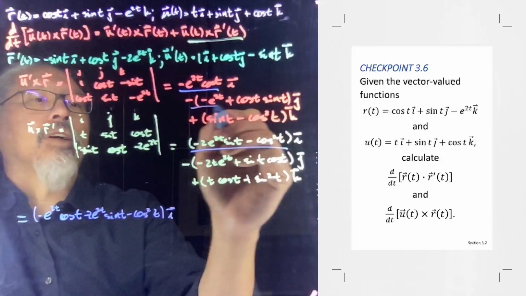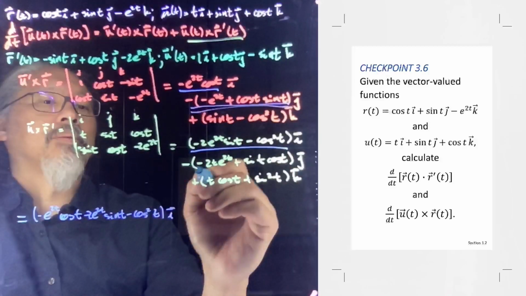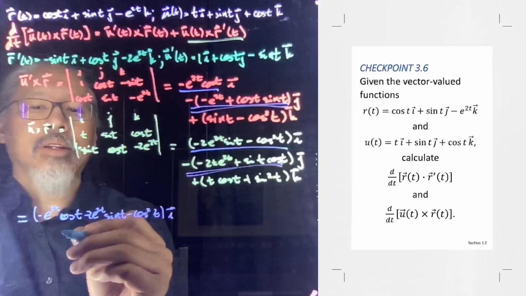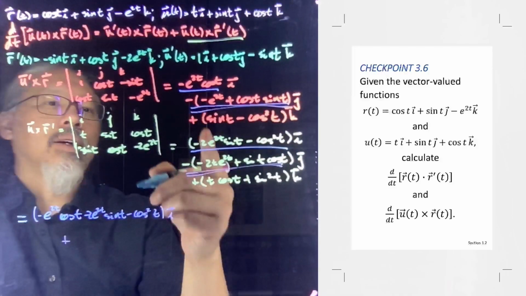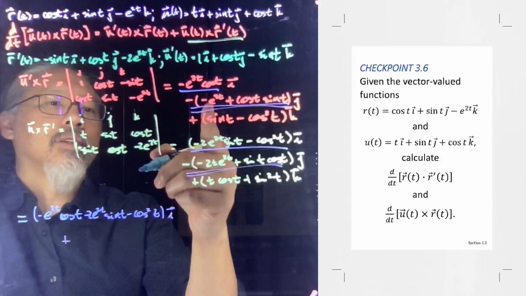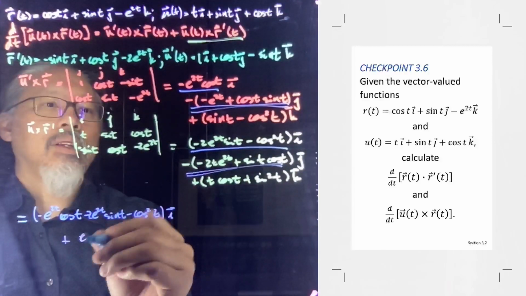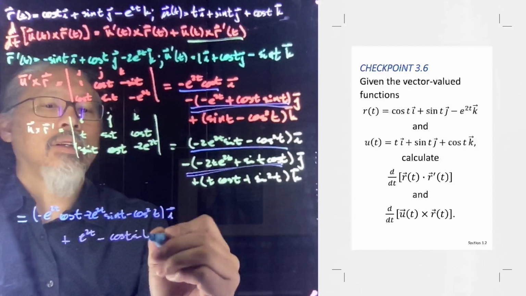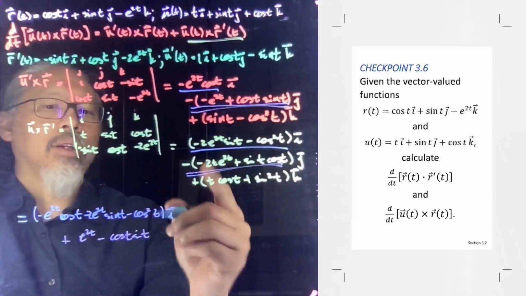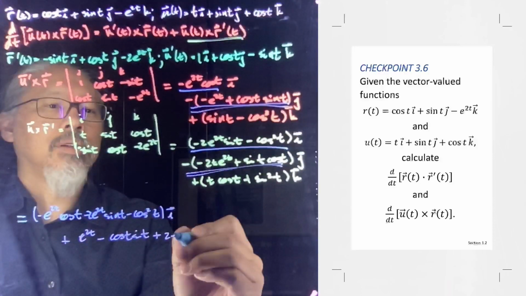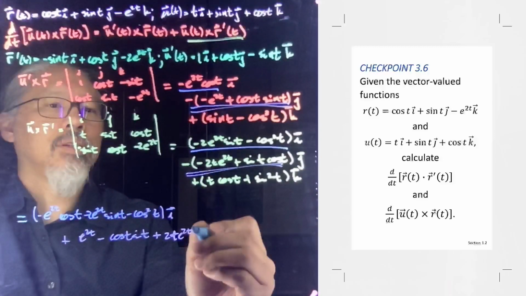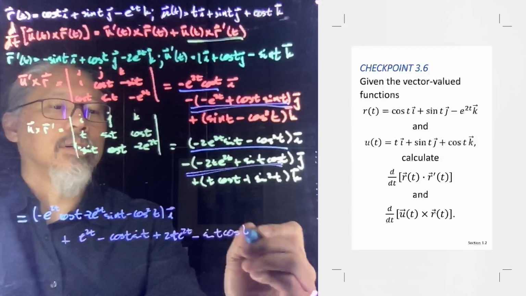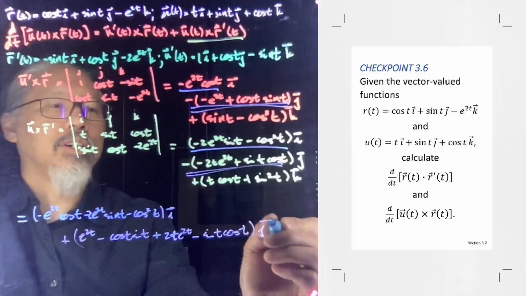All right, the j direction. We have a negative that we need to negotiate, so let's just distribute the negative sign. So this is a positive e to the 2t minus cosine t sine t, and then this is a negative negative, so that's a plus again, 2t e to the 2t, and then there's another negative sine t cosine t. And this is happening in the j direction.